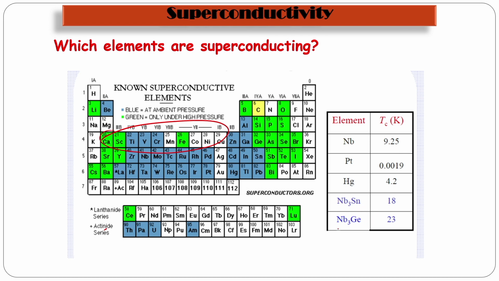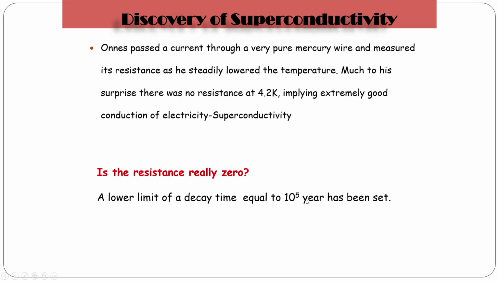The Nb3Sn and Nb3Ge were known for quite some time, and these Tcs that you see, 18 and 23, were the highest known Tcs till about the mid 1980s. And there are other superconductors, and this has been taken from superconductors.org.